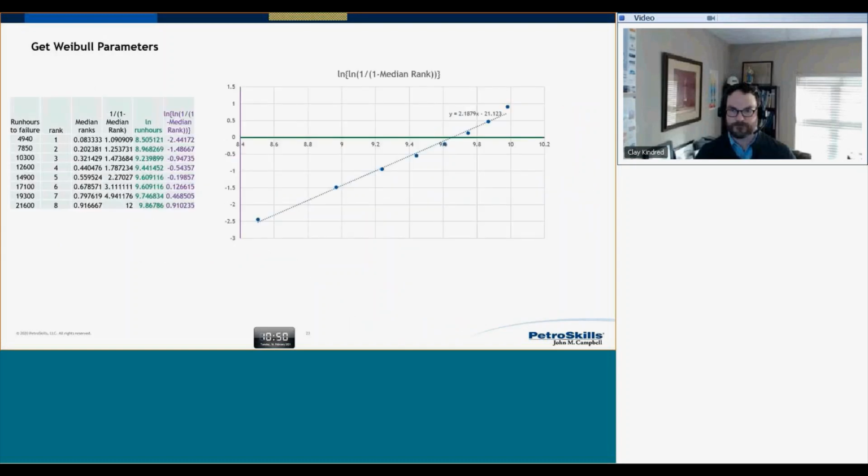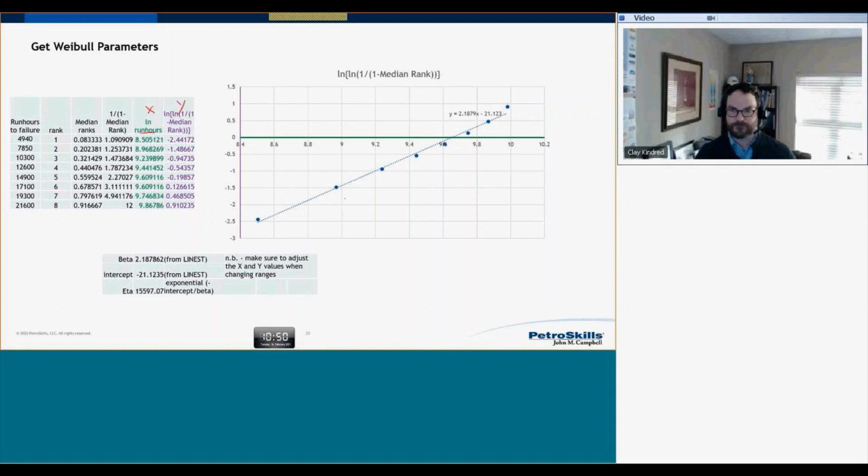And this is what we get. I did this in Excel recently, exactly the same data. Notice this is the log of the run hours, in green, so that's my x-axis. And that is my y-axis, and I do get a straight line.